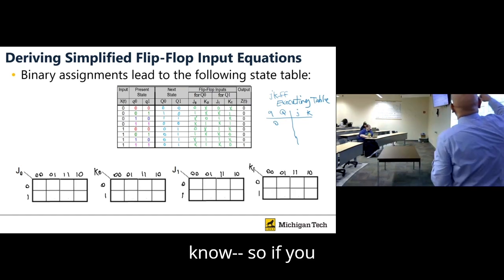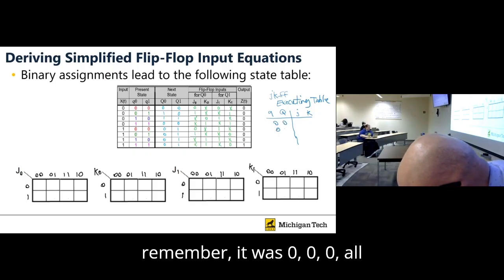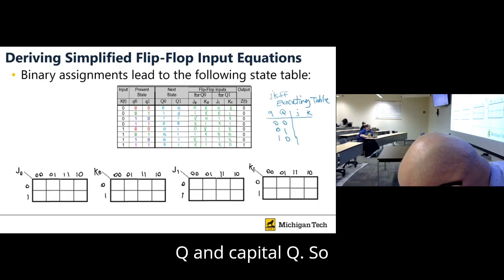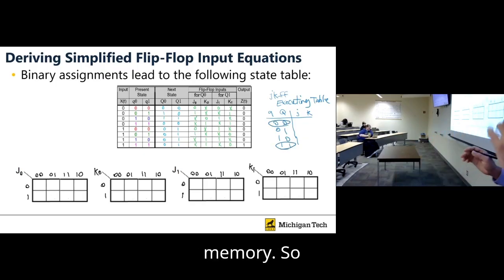If you remember, all the possibilities that are happening for Q and capital Q. In JK, these two are acting as a memory.